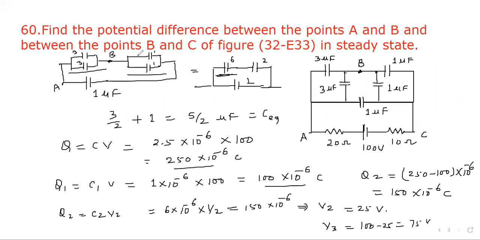So the answer to the first part, the voltage between A and B, let's write it as VAB, will be equal to this 25 volt. And the voltage between B and C, where there is a combined potential drop, is equal to 75 volt. So VBC is equal to 75, and that is our answer. Thank you for watching.